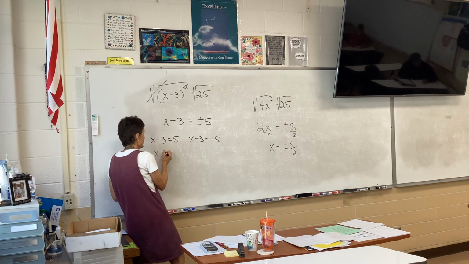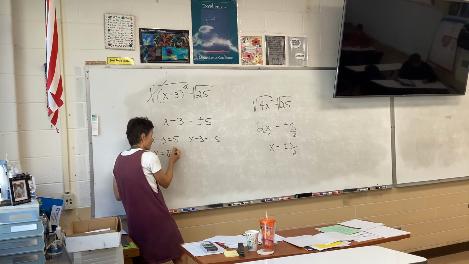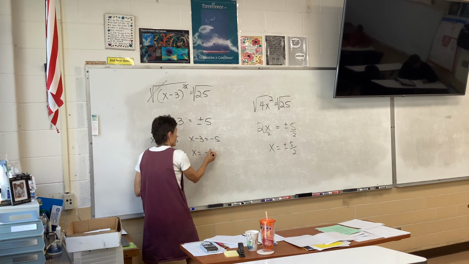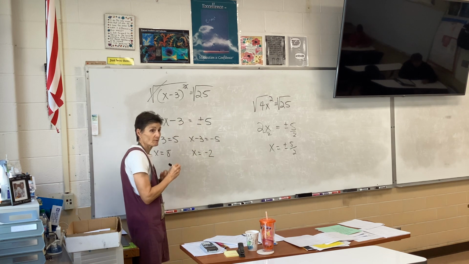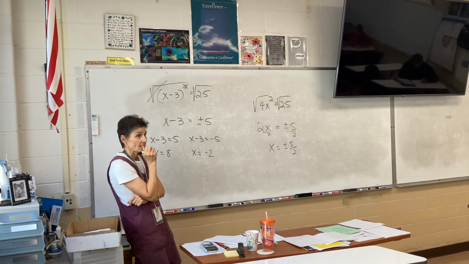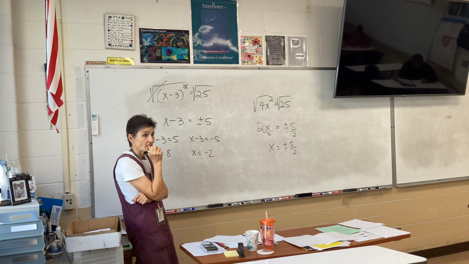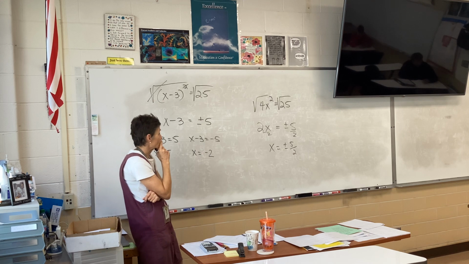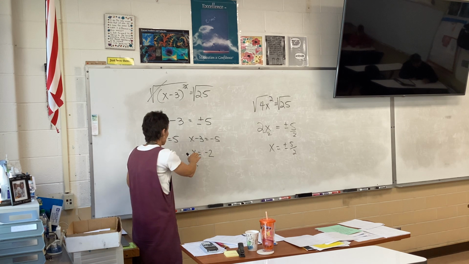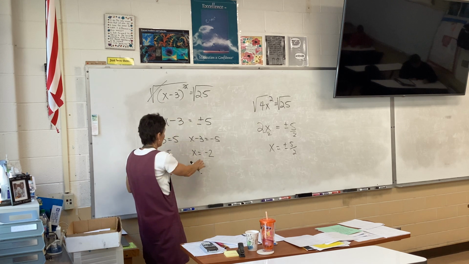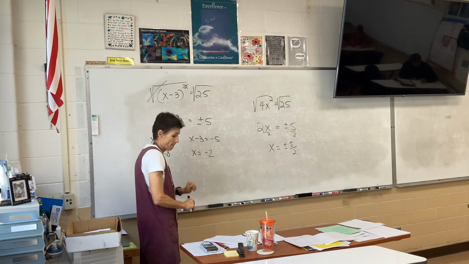So x either equals 8 or x equals negative 2. Double check my arithmetic. Is that right? So again, we got our two answers, just like we knew we would.